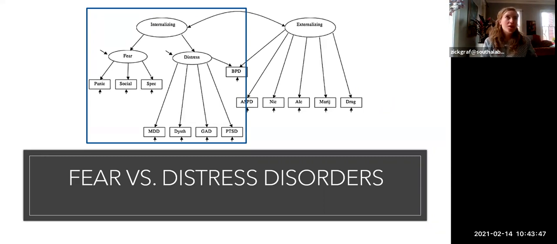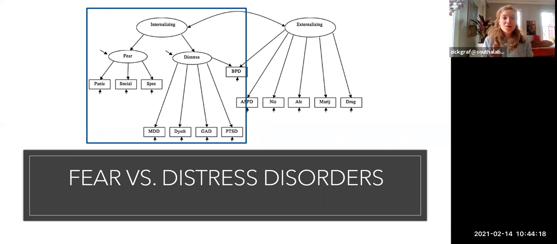Most of the externalizing disorders we'll talk about in this class fall under the umbrella of substance use disorder. Also, several of the personality disorders share features with the externalizing latent factor. But so far, the disorders that we've talked about have all fallen under the internalizing umbrella and then clustered together again under another latent variable. These are all disorders that are characterized by inappropriate or extreme or maladaptive experiences of fear.